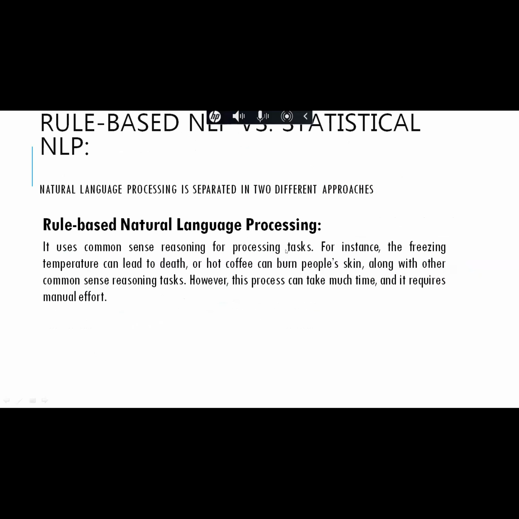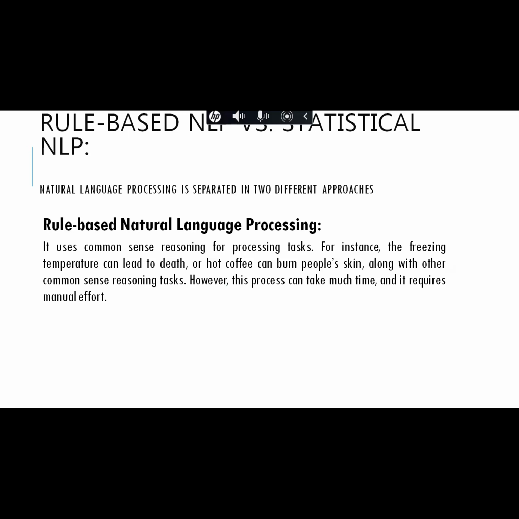So, rule-based NLP versus statistical NLP. In rule-based NLP, it uses common sense reasoning for processing tasks. For instance, freezing temperature can lead to death, or hot coffee can burn people's skin, along with other common sense reasoning tasks.